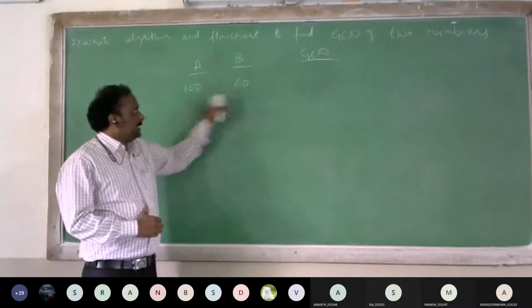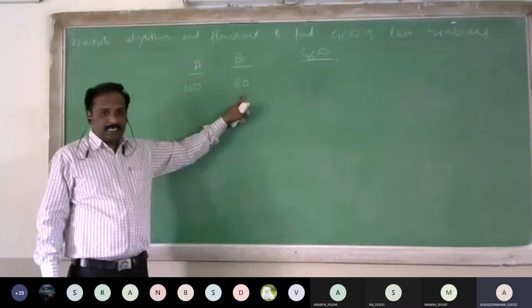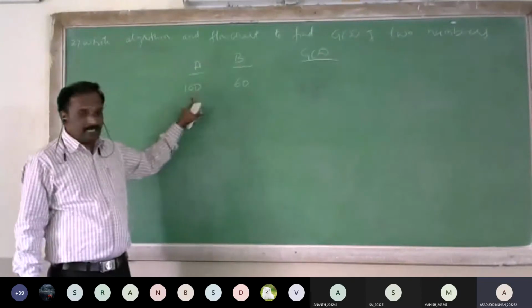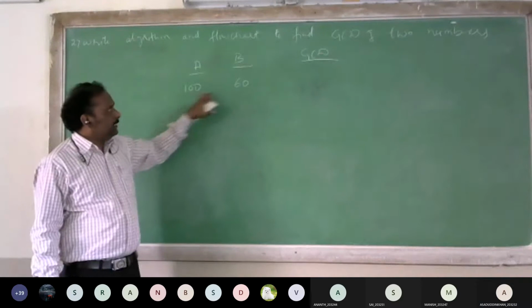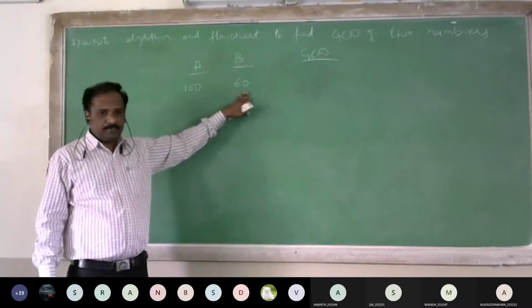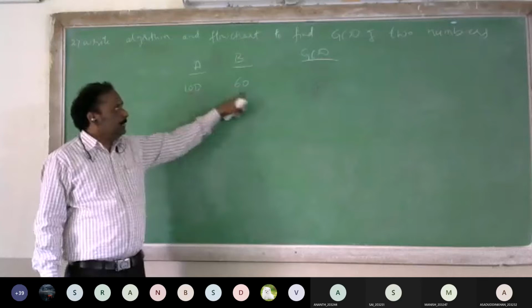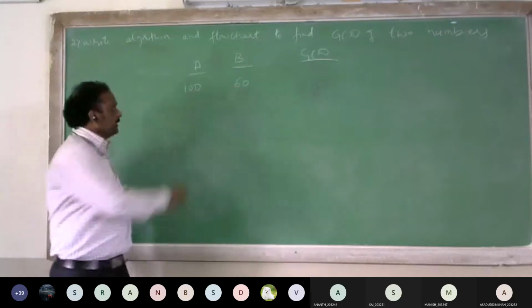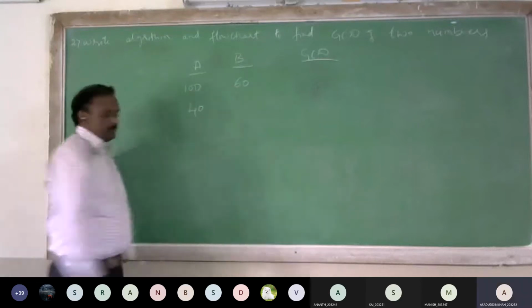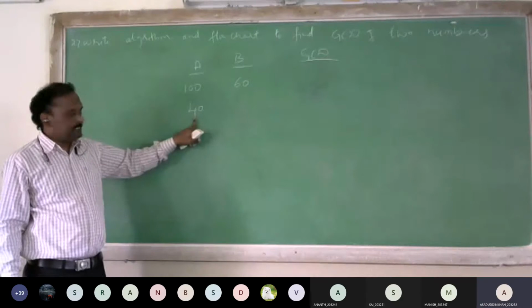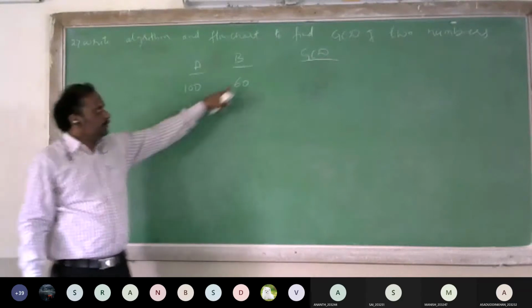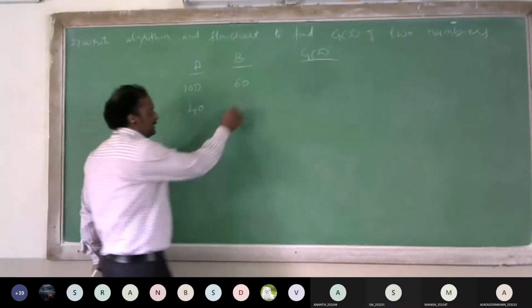Which is greater, 100 or 60? 100 is greater, so you subtract the smaller number from the bigger number. 100 minus 60 is 40. Now write the second number as it is. Don't change the second number.